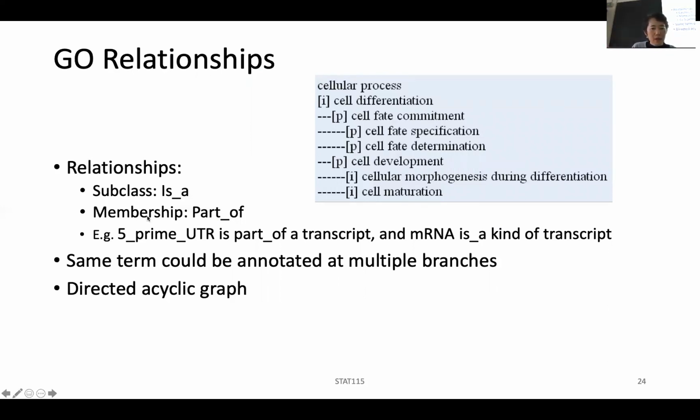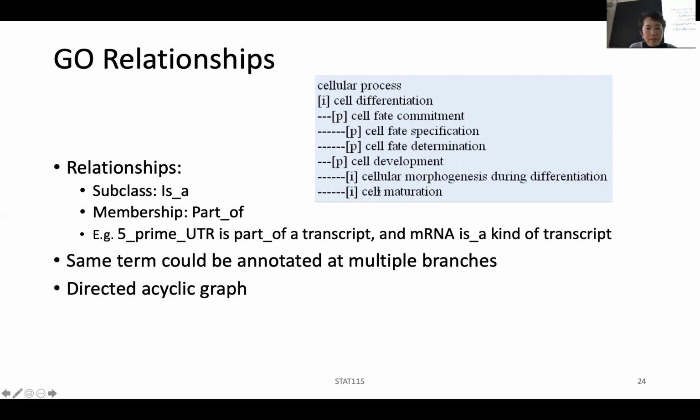Whereas the is-a, for example, mRNA is kind of a transcript, right? It's one type of transcript. tRNA is another kind of transcript. rRNA is another kind of transcript. And so the is-a is another relationship that denotes a more specific thing for the general class, right?